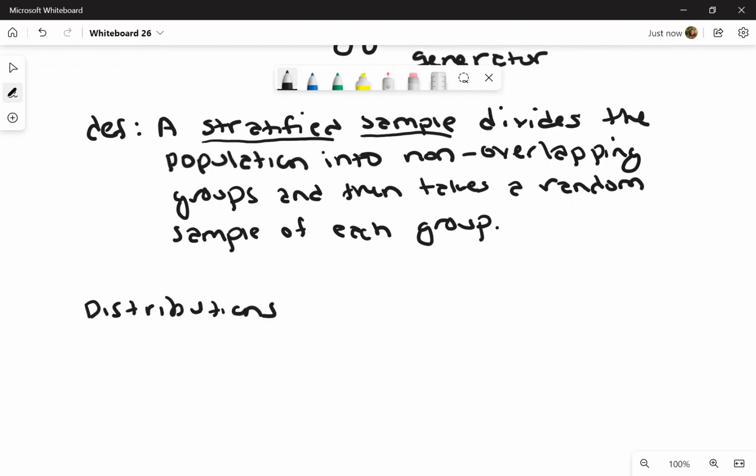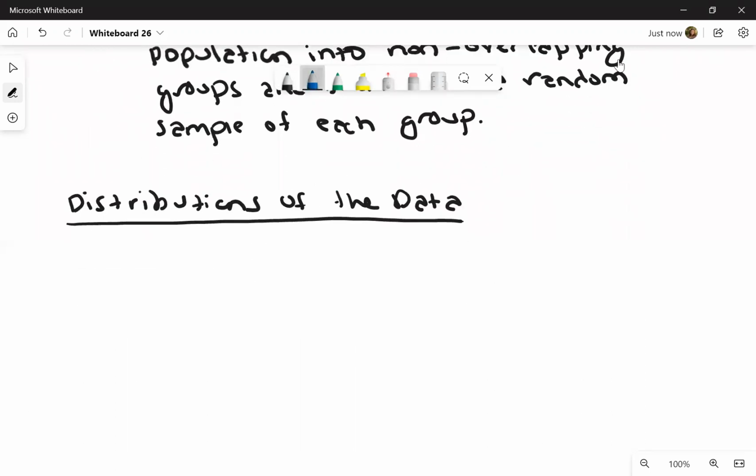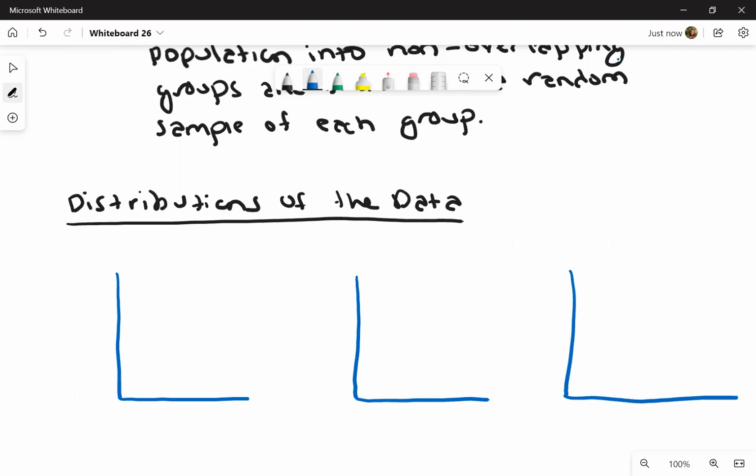Now we kind of have what we need for this, distributions of the data. So when we looked at histograms, let me just draw a couple of histograms. Actually here, I'm going to draw 3 histograms, and they're going to be very specific. Okay, so here, let's say the first one looks like this.